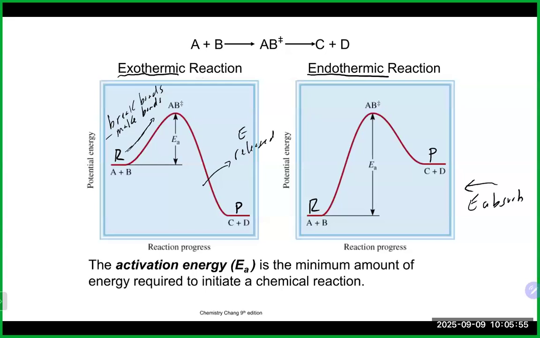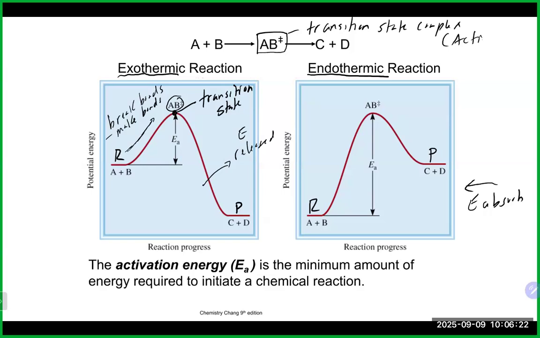And as you climb up this activation energy hill, we get to the very top here, and this is what is referred to as a transition state. This little guy right here, at the very top of the hill, is sometimes referred to as a transition state complex, or sometimes the activated complex.